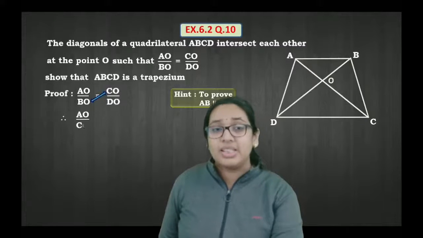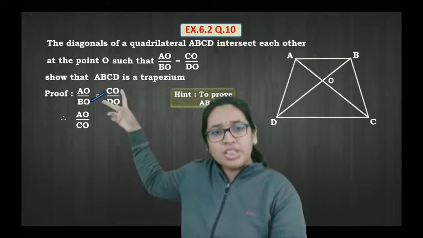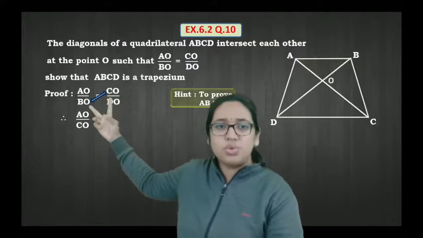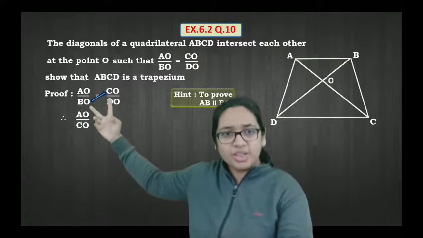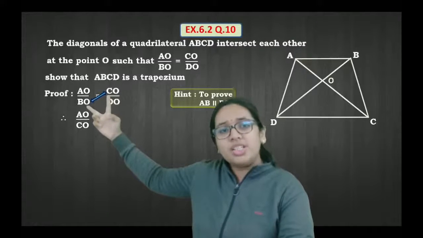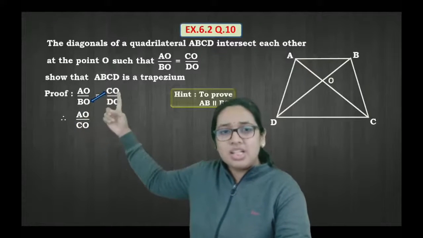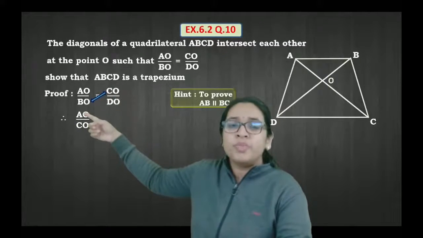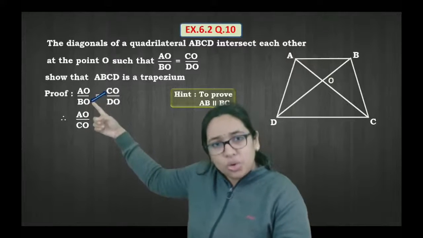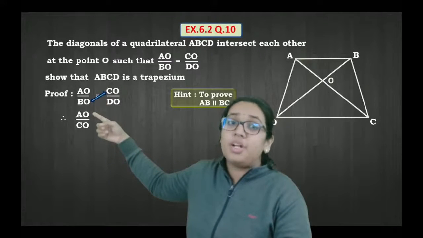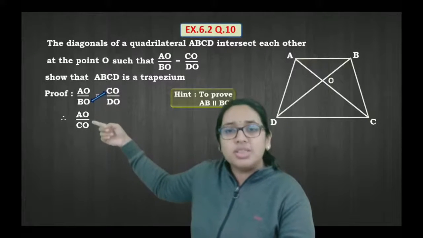So what I will do is just interchange these two terms. We are just shifting the places. So instead of writing AO upon BO, now I am writing AO upon CO.